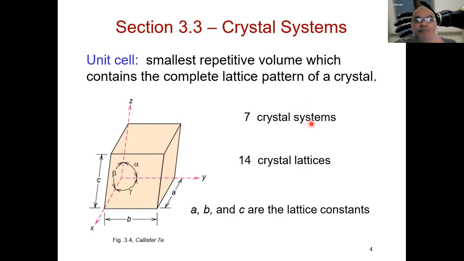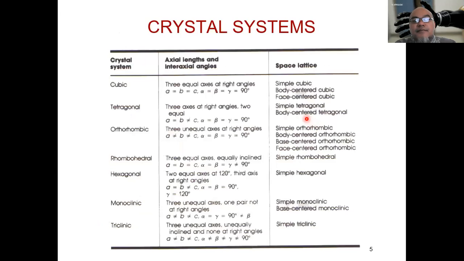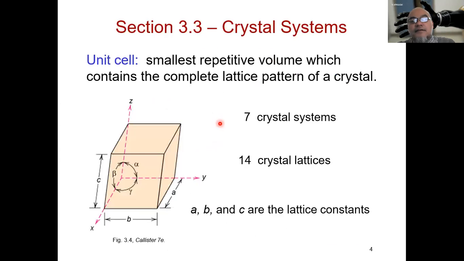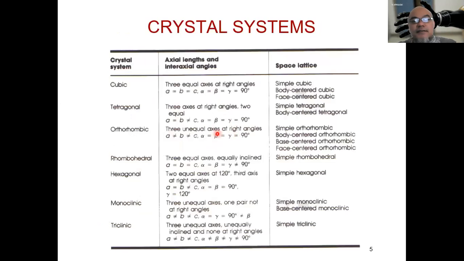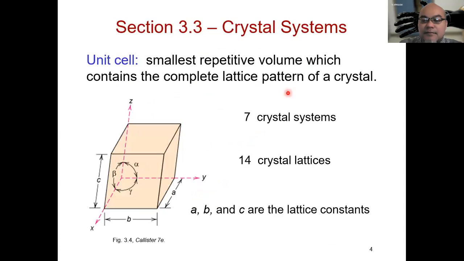This also we learned last week, about the 7 crystal systems, the 14 crystal lattices, the lattice constants A, B, C, and we have classified the 7 crystal systems and the 14 crystal lattices. This is the 7 crystal systems and their characteristics, and then the 14 crystal lattices.